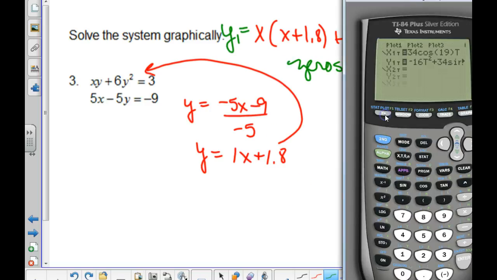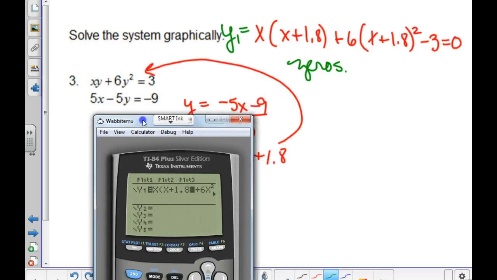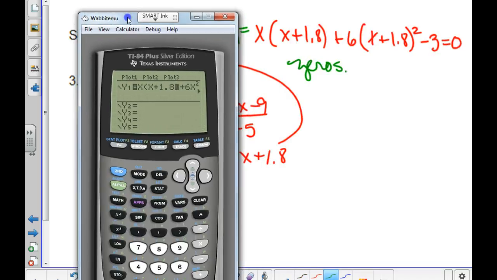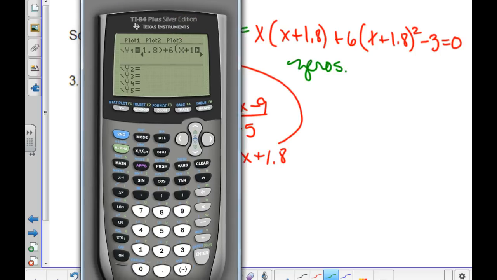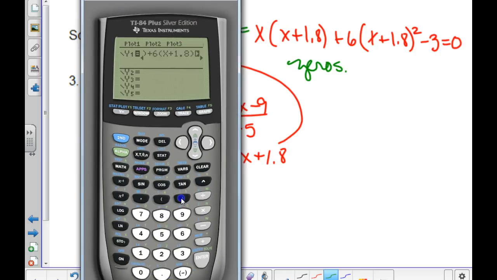I've seen it both ways, with an E and without. All right, I'm going to try a standard window.